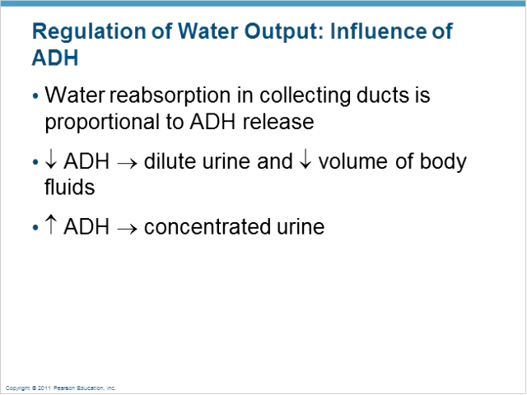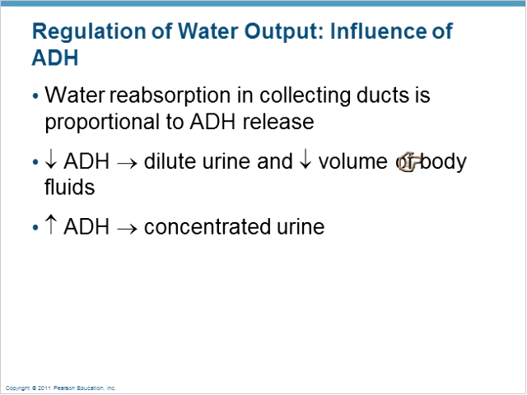The regulation of water output: if we look at the influence of ADH, antidiuretic hormone, water absorption in the collecting ducts is proportional to the ADH release. If there's a decreased amount of ADH, which prevents us from urinating, if you will, or decreases the fluid in the urine, the urine is dilute because there's nothing to hold the water back, so more water goes out.